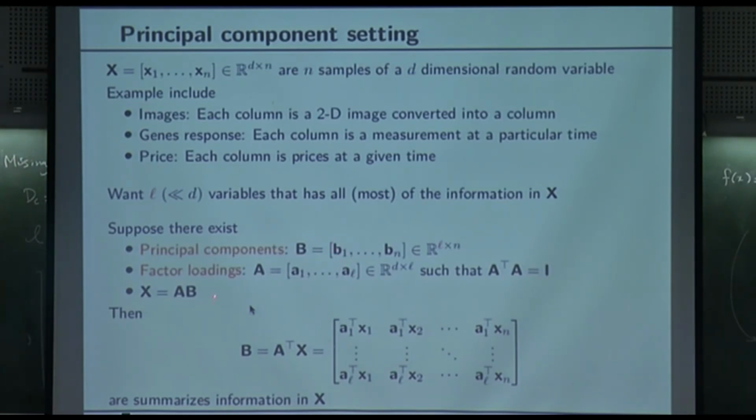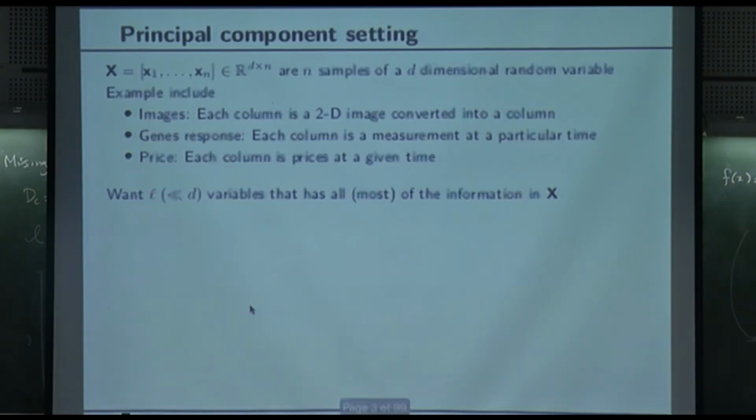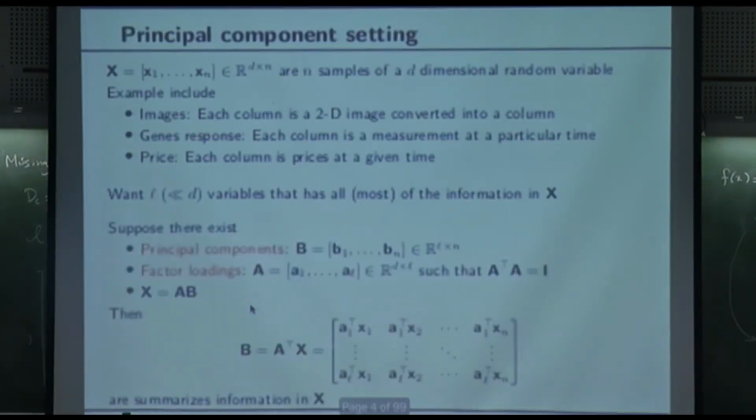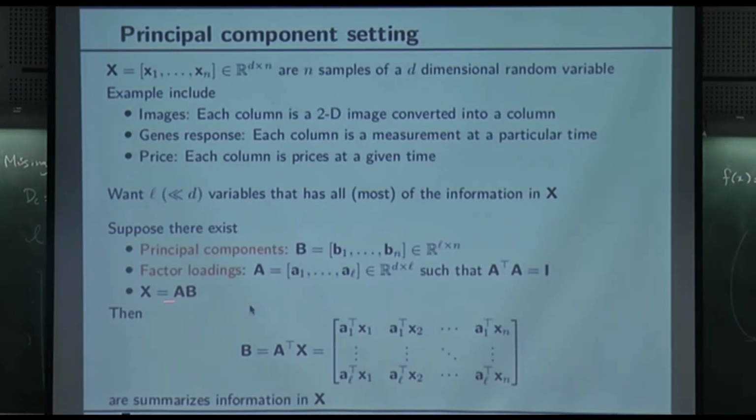So we want to be able to find a factorization of the matrix X into A times B. This is why on this slide I am saying that factorization is the right thing to think. Don't think of principal component as something which is the best thing out there. We want to think of it simply as a way of factorizing things.